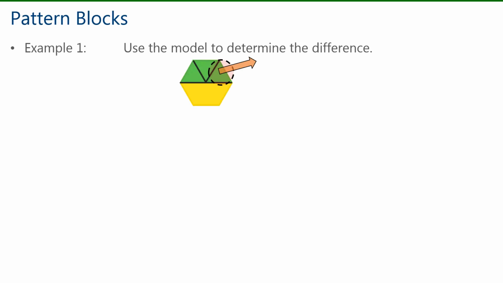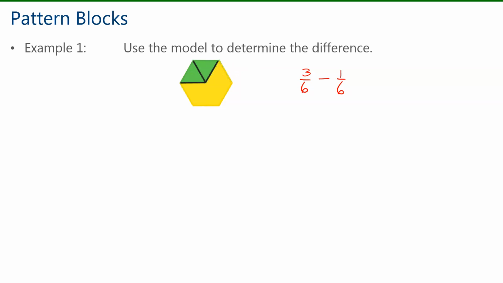So here's our model, and we want to determine the difference. So we have 3 triangles. Every triangle, remember, is a 6th. So we have 3/6. And our circle and arrow tells us that we're going to take away, subtract one of those. So 1/6.